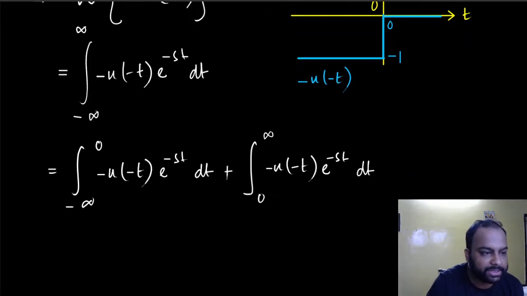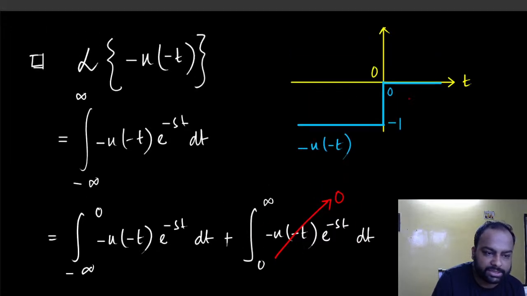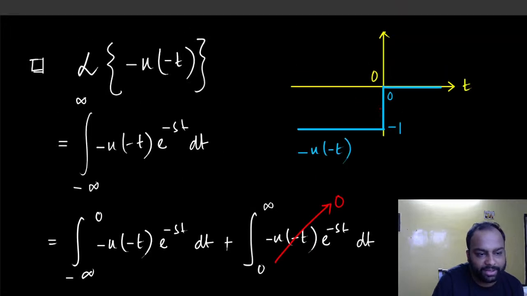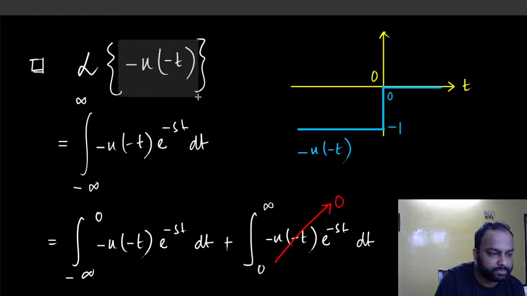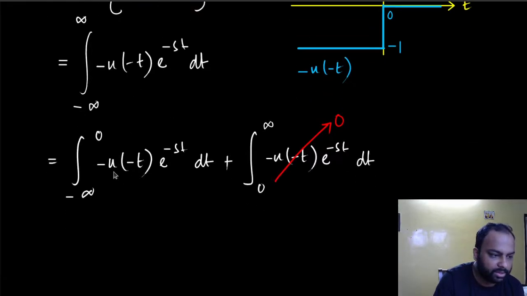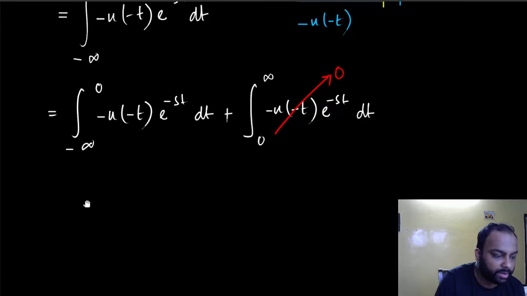And as such, this is going to be 0 within the limit from 0 to infinity, since t is positive there. So we are only dealing with the other limit, and within that limit, when t is negative, the value of this function is minus 1.